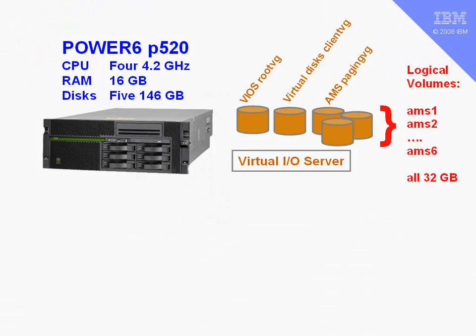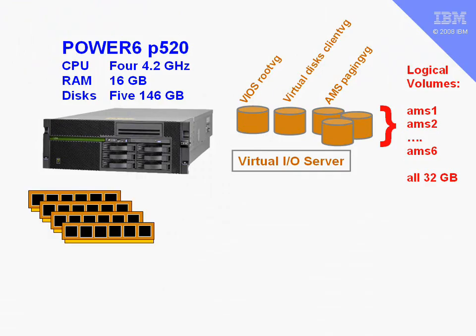So in a 16 gigabyte machine we're probably never going to have a logical partition with more than, at a stretch, 15 gigabytes of logical memory, and so we're never going to get to the 32 gigabytes. Also remember that for each logical partition that's using shared memory, it has one logical volume, one of these AMS logical volumes attached to it.